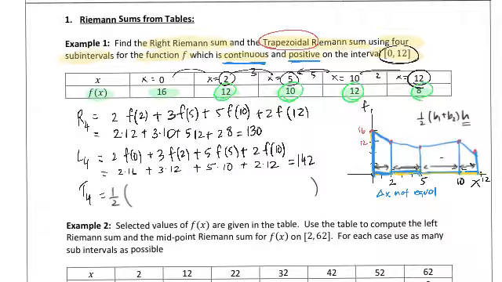so I've got to keep each trapezoid separate within the parentheses. For the first trapezoid, the base 1 is f of 0, and the base 2 is f of 2.